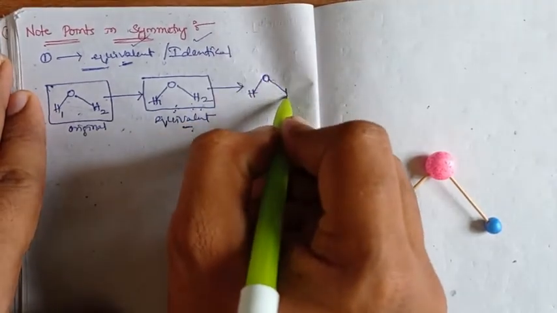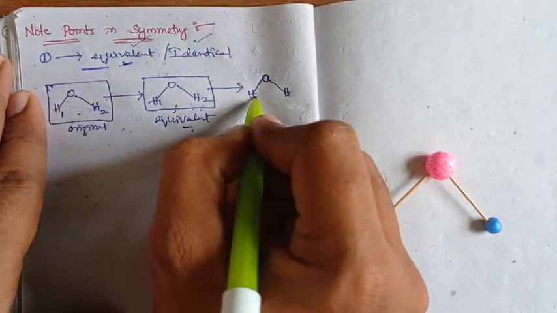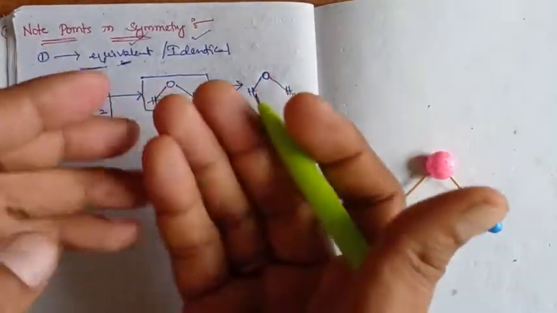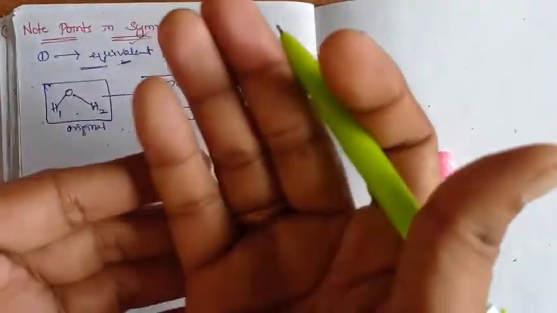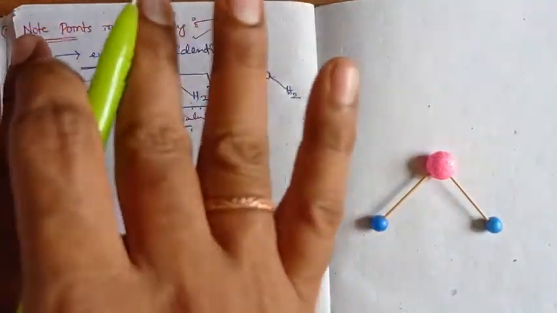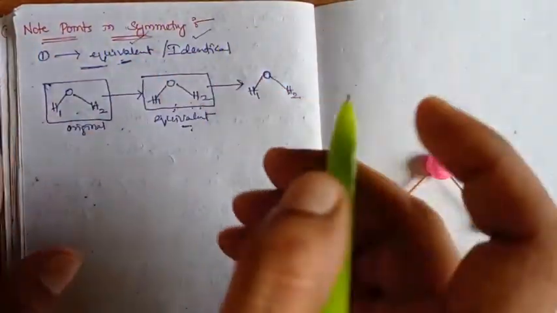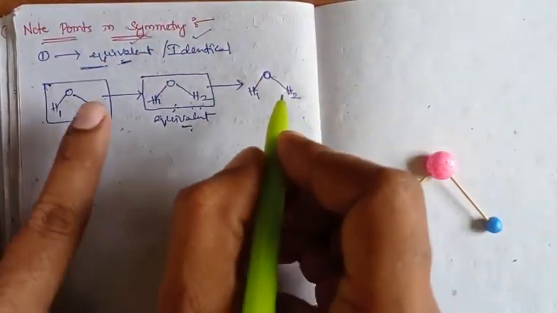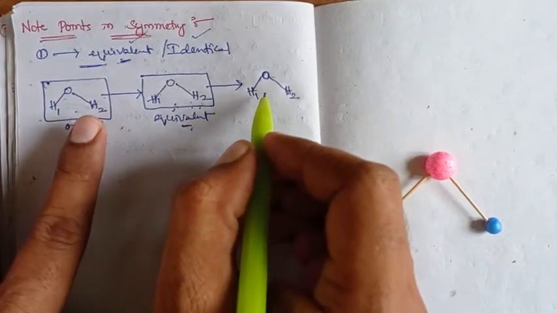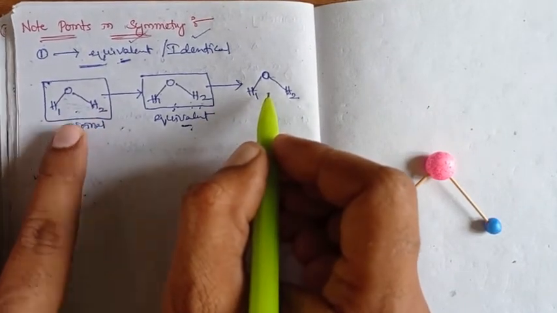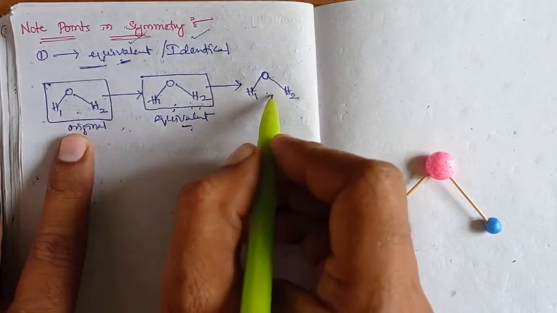No. When they exchange the phases, front phase and back phase, the atom position is never changed. So when we compare this generated configuration with the original configuration, is it equivalent or identical?